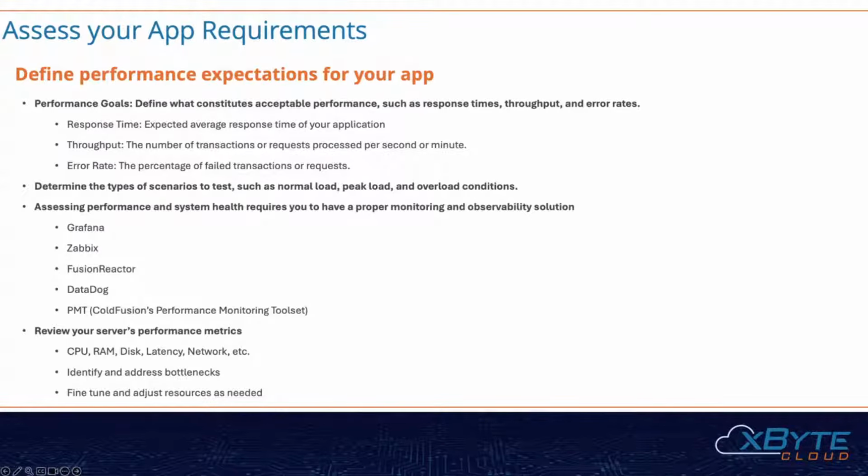I'll talk a little bit more a few slides up about what resource limitations or adjustments can be made, but maybe you do need more CPU, or maybe you do need more RAM, or maybe the server has plenty of resources and ColdFusion is just not configured to leverage all of it. There's Java heap space settings that can be adjusted. And all of that's going to help with the throughput and the availability of your application.